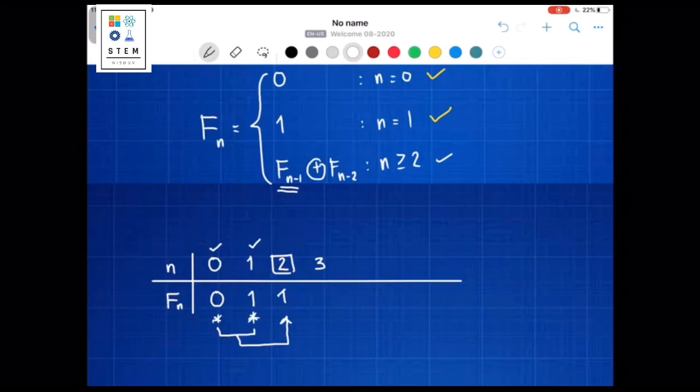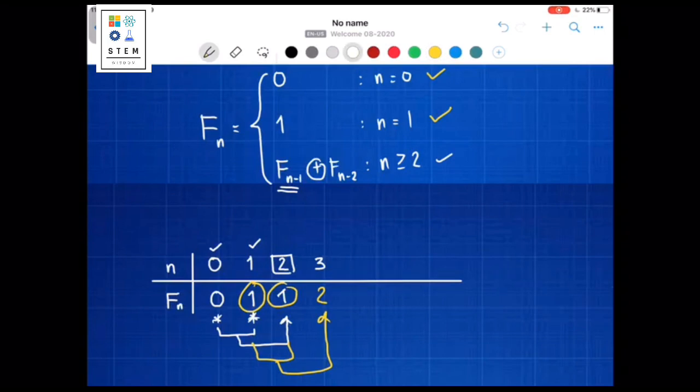Sa third term, ang mangyayari ay, f of n minus 1, which is ito, plus f of n minus 2. Ito yon. Okay? So, add ko lang to. 1 plus 1 will be, yun yung third term, 2, and so on. So, tuloy-tuloy natin.